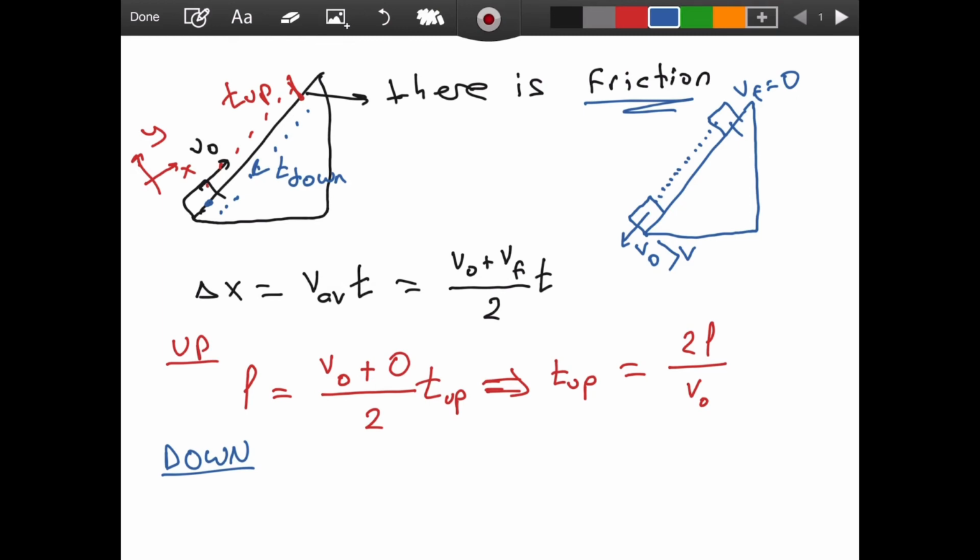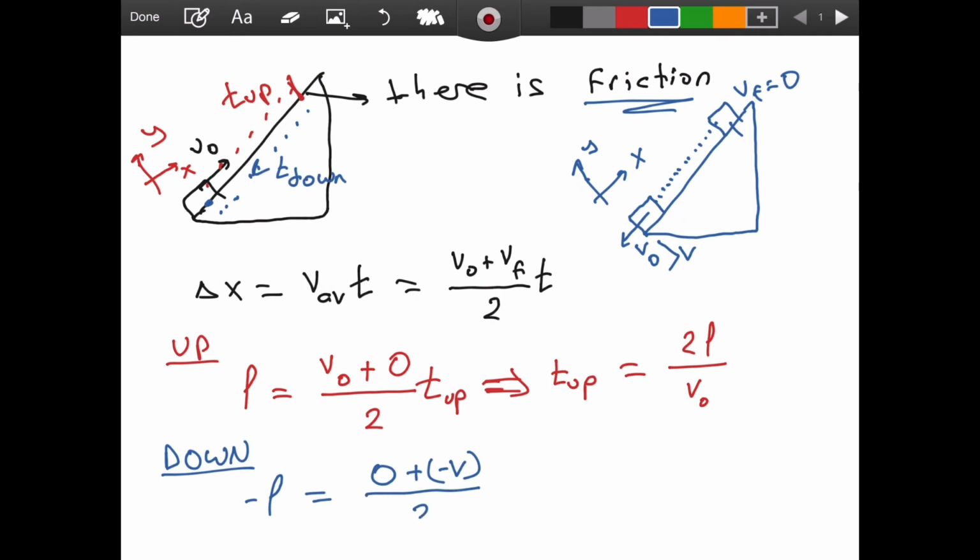Well, since we got that out of the way, now let's write the equation for the downward motion. We will have negative L. Why did I write negative? Well, because we are traveling in the negative direction according to our coordinate plane, since we set it like this. This is going to be equal to our initial velocity, in this case 0, plus some v value, and it is in the negative direction, so we put a negative v.